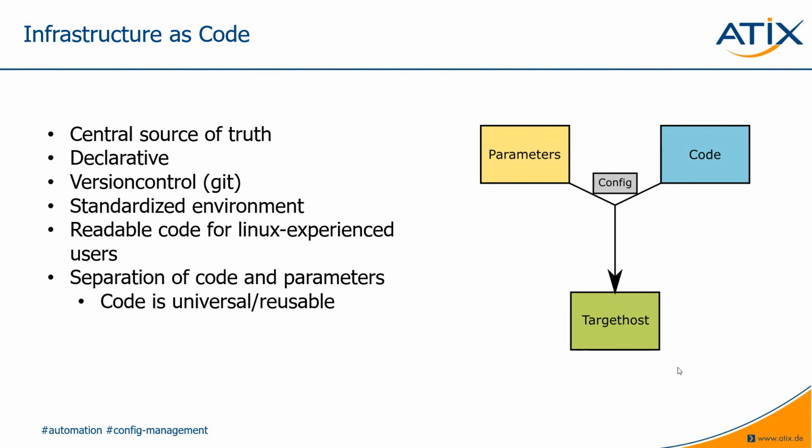On the other side, you have the parameters, and the parameters together with the code merged result in a complete configuration. In the easiest way, your code says implement a template, and in this template are some variables, and those variables are given in your parameters.